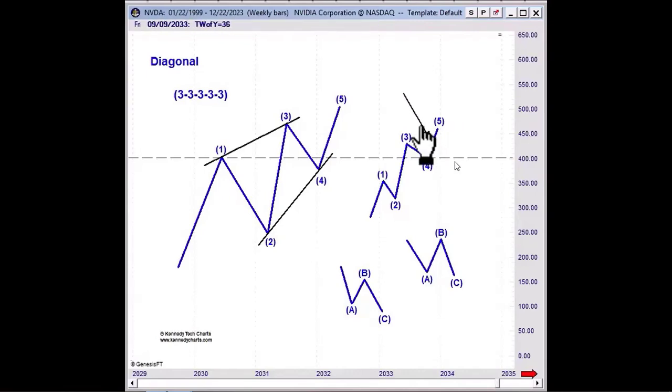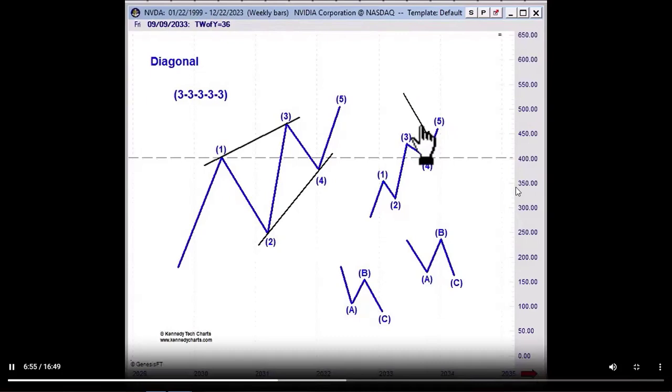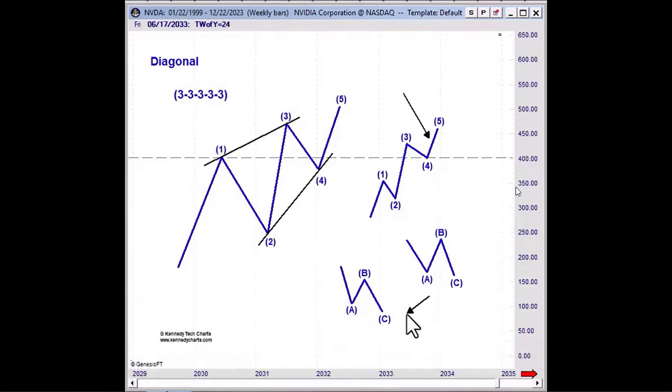You can have an ending diagonal in the wave 5 position of an impulse wave, and you can also have an ending diagonal take the shape of wave C of a flat, or wave C of a zigzag. So here are the places where an ending diagonal can occur. Again, period, end of story. So in other words, you cannot have an ending diagonal take the shape of wave 3 of an impulse wave. It just doesn't work that way.